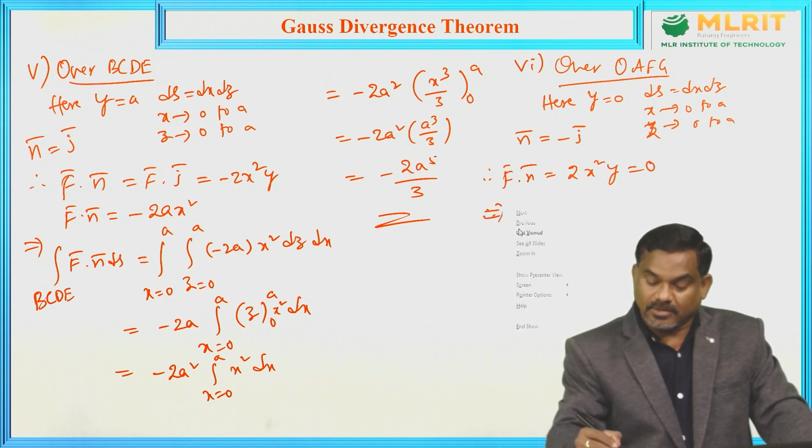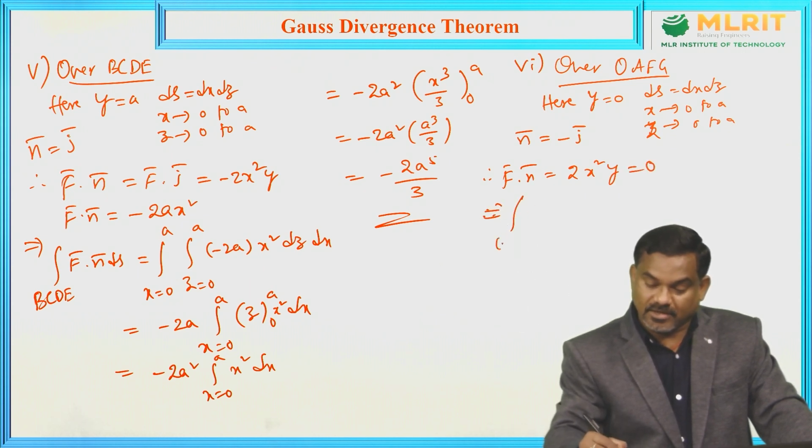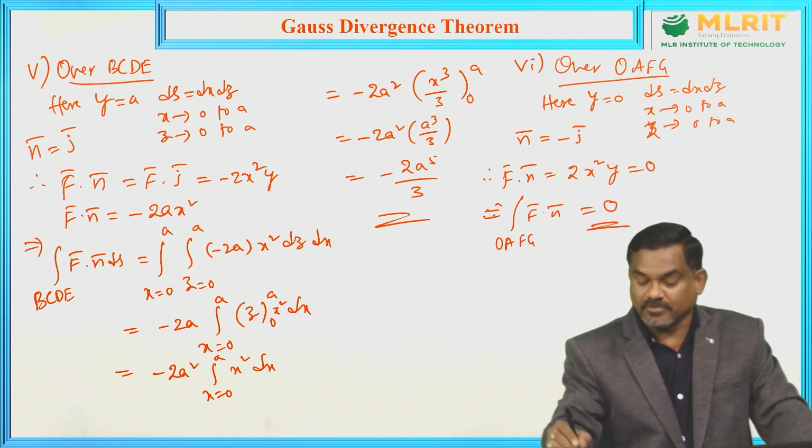Therefore, the surface integral over OAFG of f bar dot n bar becomes 0.